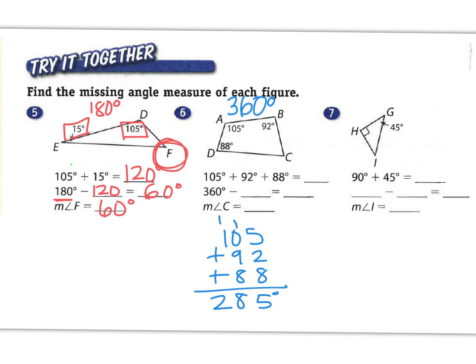So then we do 360 minus 285. Let's write that out. 360 minus 285. We got to borrow. Make it a 5. Make that a 10. Borrow again. 15 minus 8 is 7. 5 minus 2 is 0. So angle C is 75 degrees.